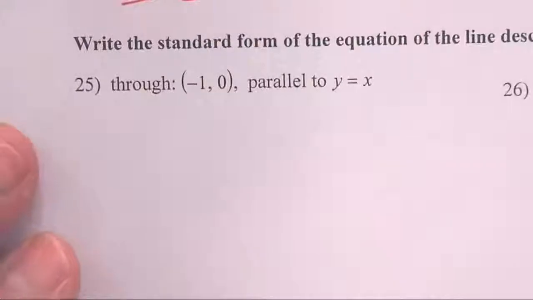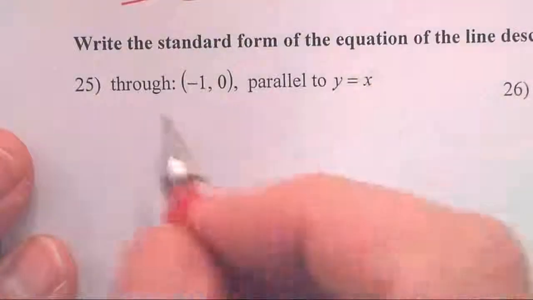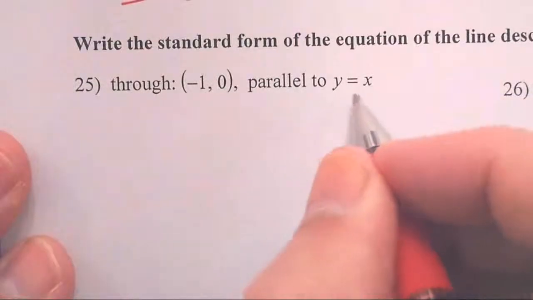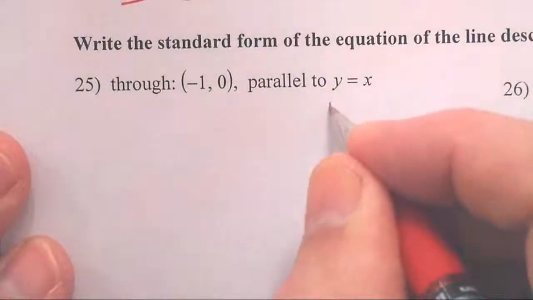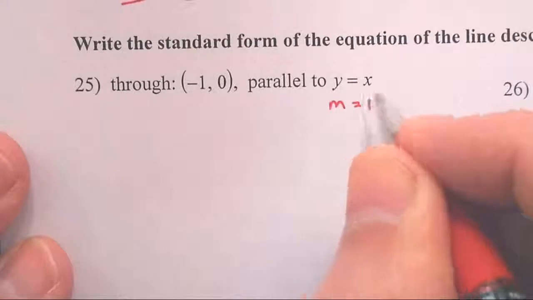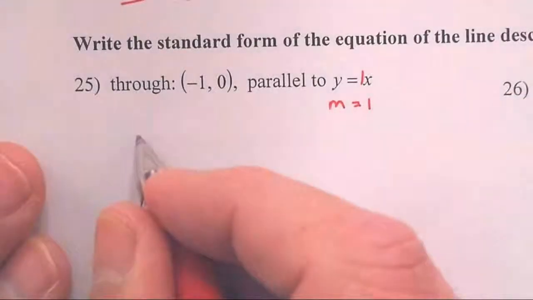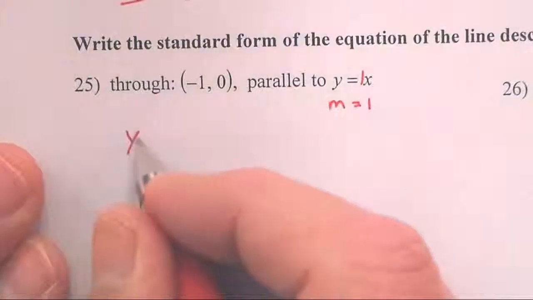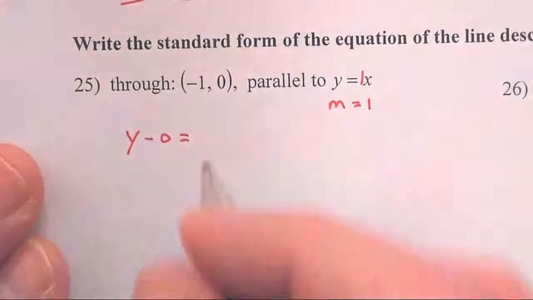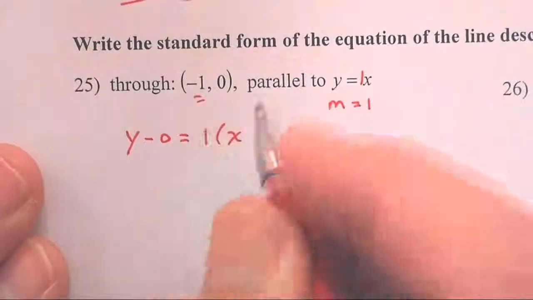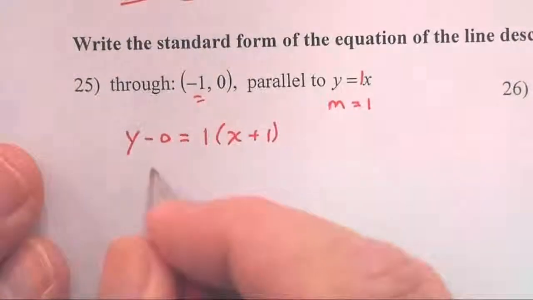Write the standard form again of the equation of the line described. We pass through a point parallel to. Well, when they tell me parallel to, they're giving me the slope. The slope I want to use is 1, because this is 1x. So I want y minus 0, y minus the y coordinate, equals slope 1 times x minus negative 1, x plus 1.